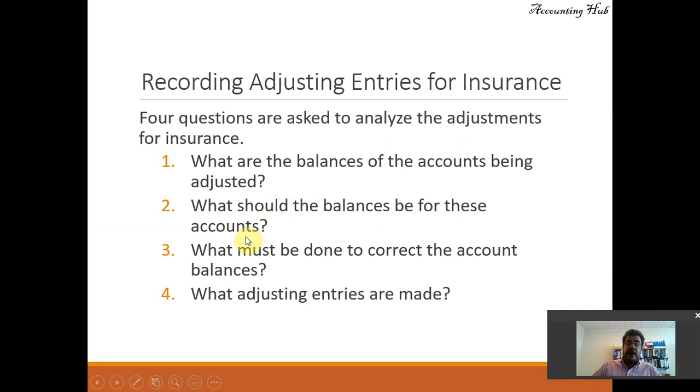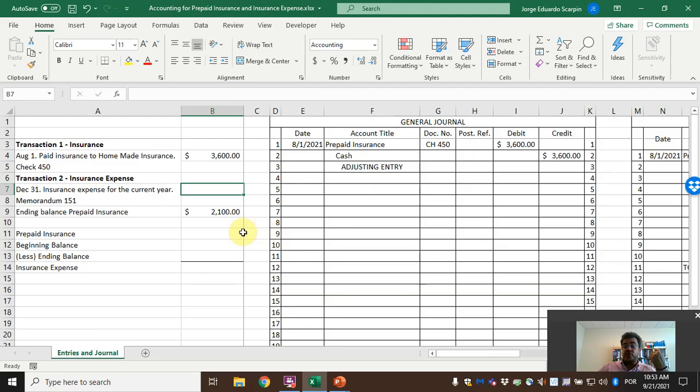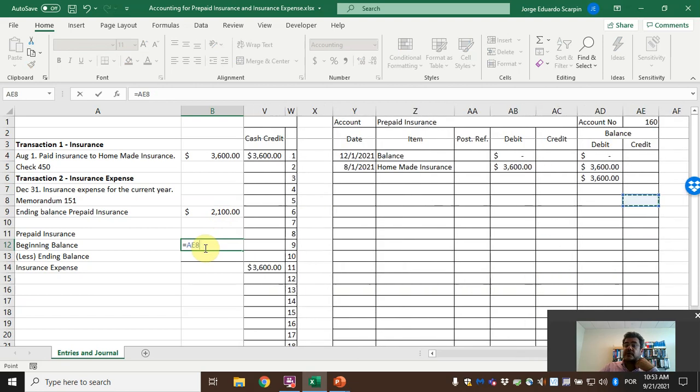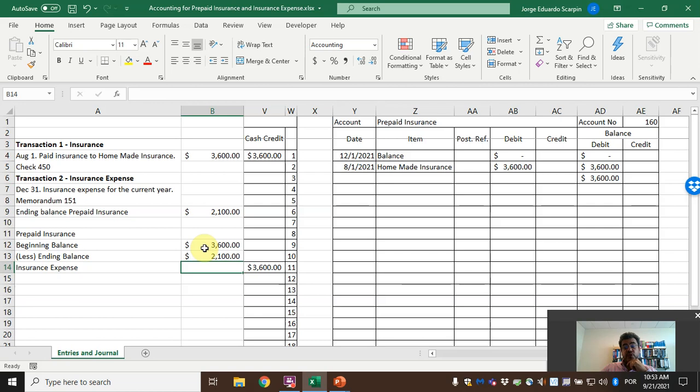What must be done to correct the account balance? So we need to reduce this balance from 3,600, this one here, to 2,100. So how much should we reduce it? Beginning less ending balance.